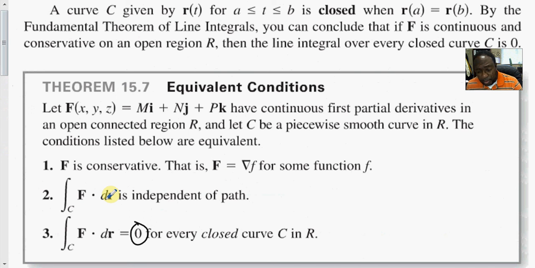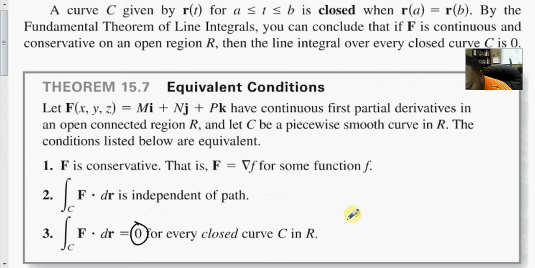If the vector field is conservative, then automatically you get for free that the line integral is independent of path, and the line integral is equal to 0 for every closed curve in R. That is, when R of A is equal to R of B, and sometimes it may not be a circle, but a closed path.